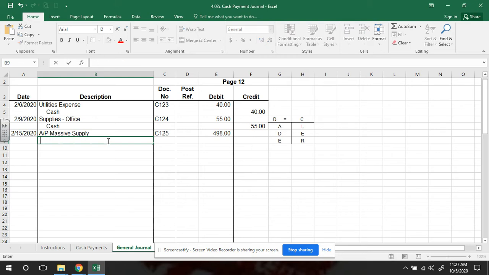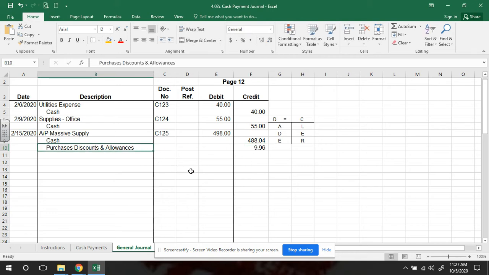You're paying cash of $488.04. And the account is usually called purchases, discounts, and allowances. And that was $9.96.